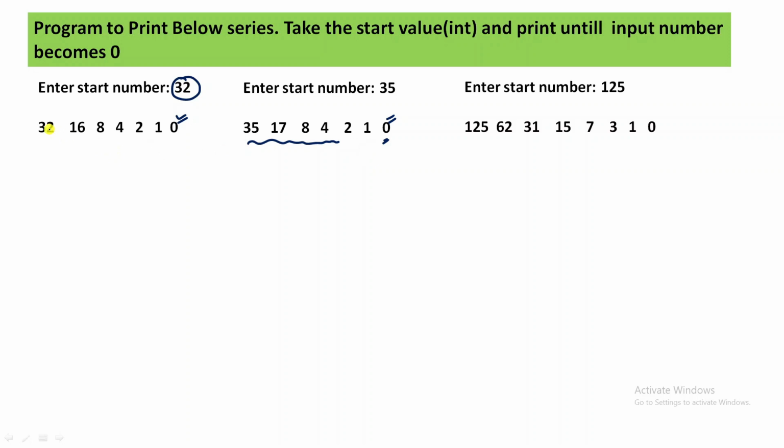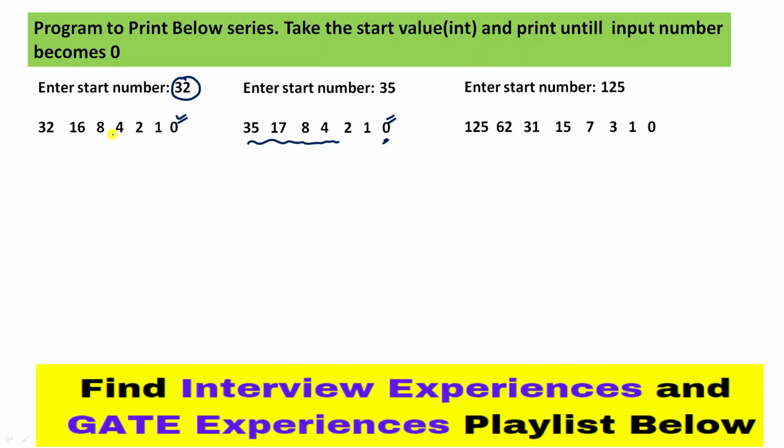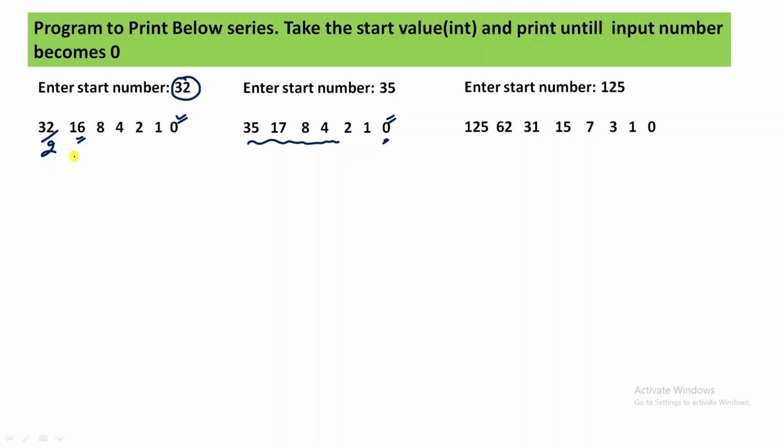So in the previous question we saw that we were decrementing in steps of 1, right? But here you can see it is 16; 32 minus 1 would be 31. So we are not decrementing it by 1. So how are we decrementing? I hope you have seen my previous videos in which I have shown this type of series. So basically what we are doing is 32 divided by 2 is 16. So this is the next number.